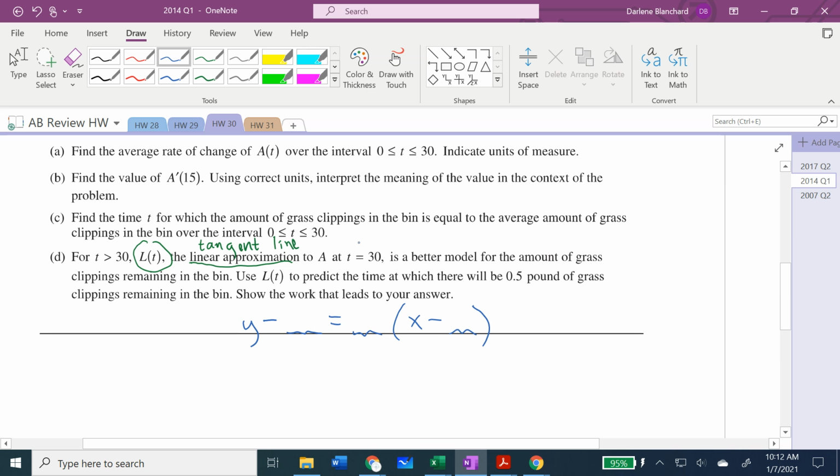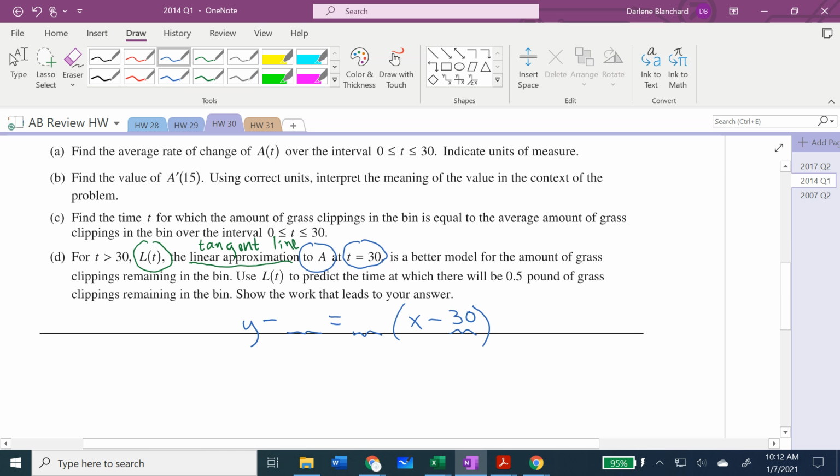Now t is the input, so that's the x. I want the tangent line approximation at t equals 30. And I want it to be a linear approximation 2a. So it's a tangent line 2a at 30.